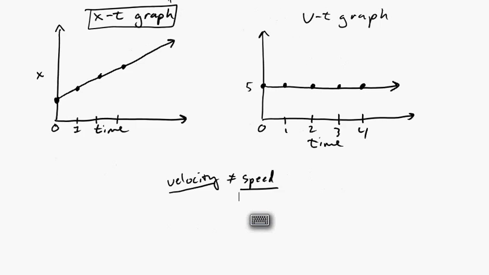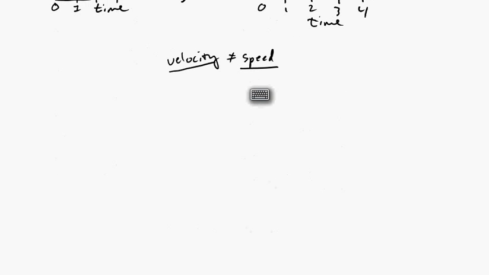Okay, so we're going to actually talk about average velocity with some numbers here. We get some formulas. Average velocity is change in position over change in time. So I'll write that out here.